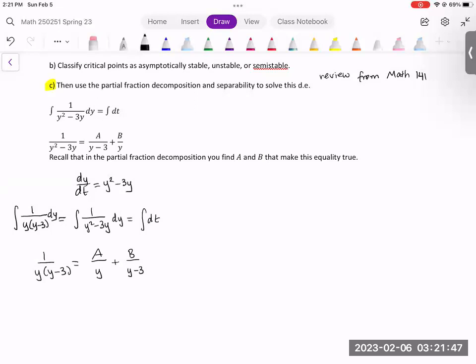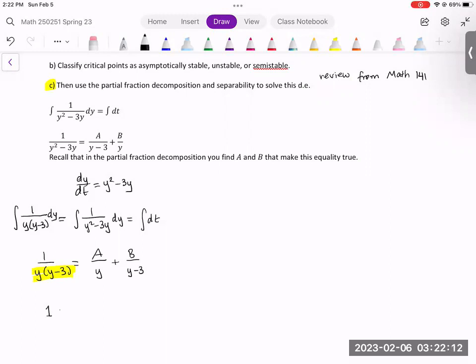Okay, so our first step is we're going to just clear out this fraction y times y minus 3. So we see this denominator here. We're going to multiply both sides of the equation by y times y minus 3. Okay, so that leaves us with a cancellation on the left side.